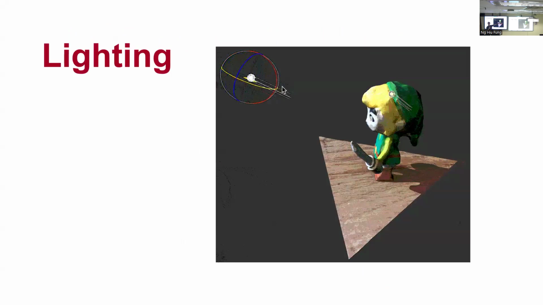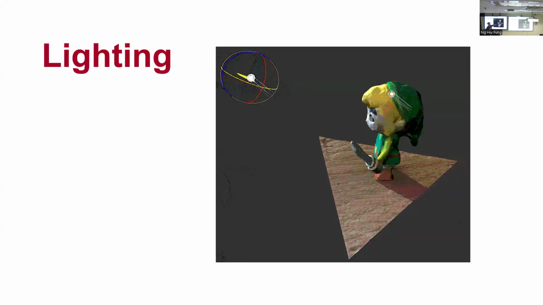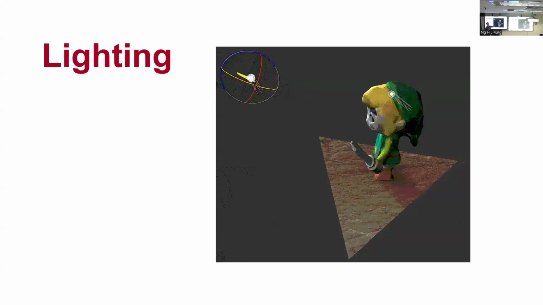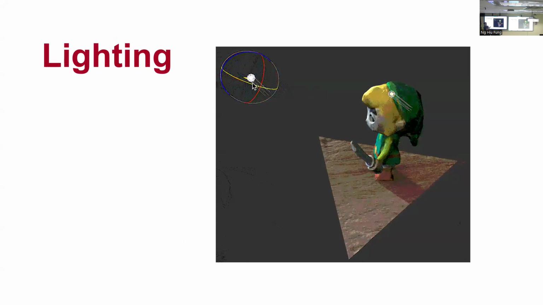What is the name of this character? What's the name? He's called Link. Link is better. Because a lot of people say he is Zelda, but Zelda is the princess. And it's really strange, right?